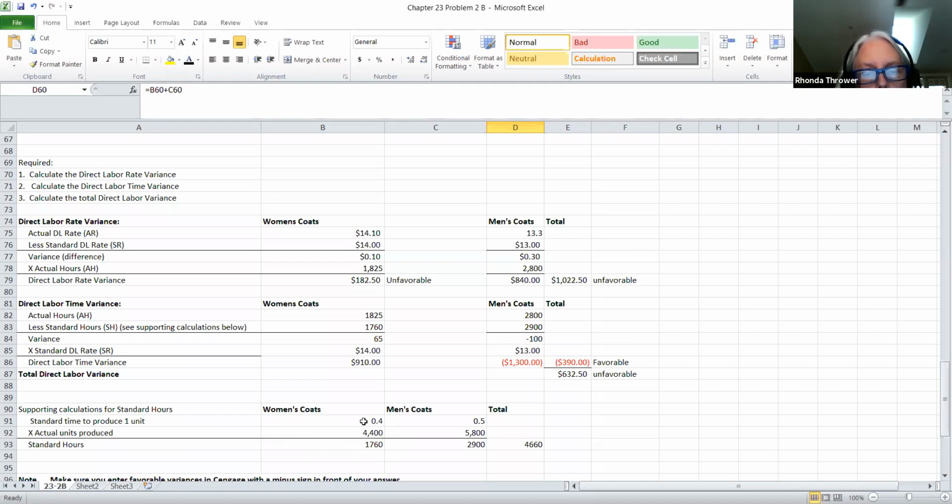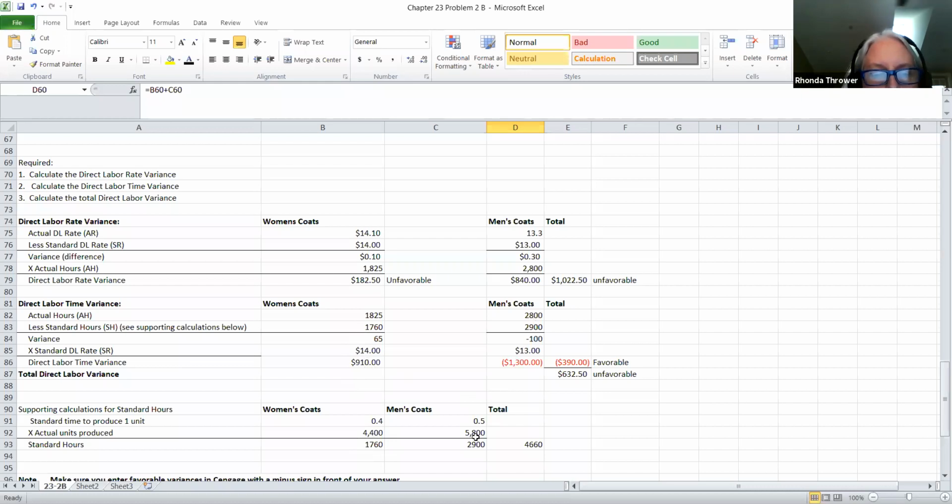So 4,400 times 40% of an hour will give you 1,760 hours, direct labor hours, that it took in standard hours to produce the women's coats. So this amount right here is substituted up here. Then you compare your actual to your standard, get your variance, and then multiply it by the standard direct labor rate, and that's your time variance.